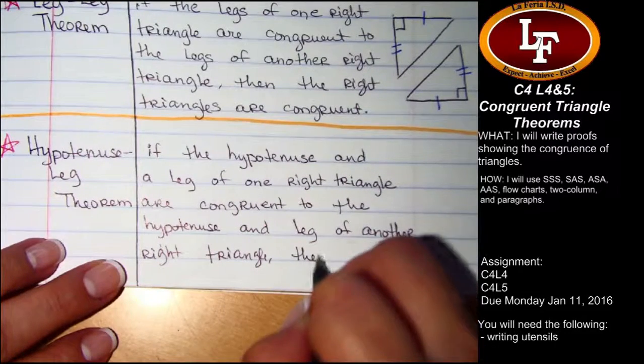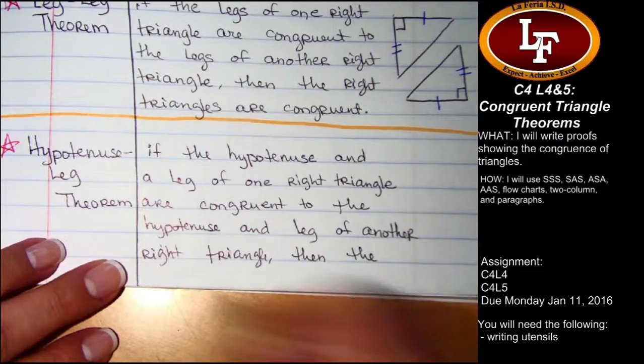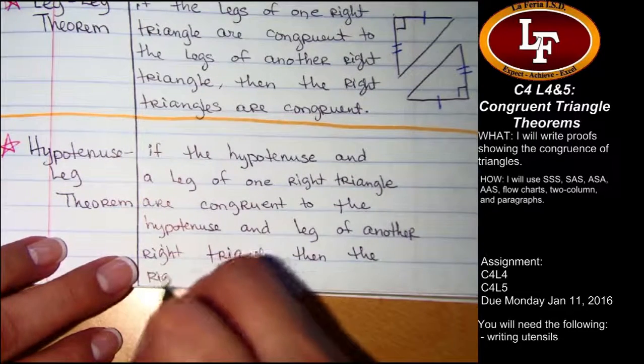Spoiler. Then the right triangles are congruent.